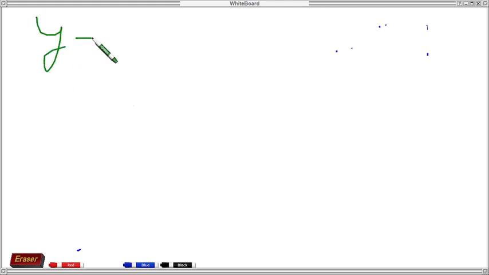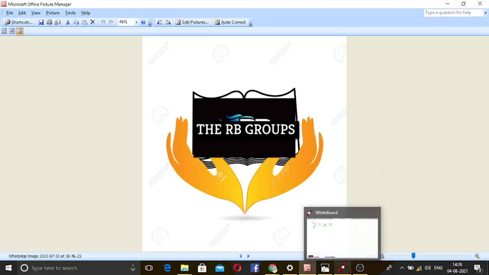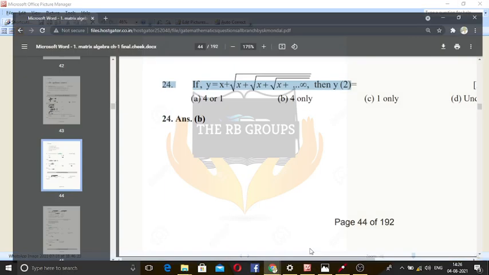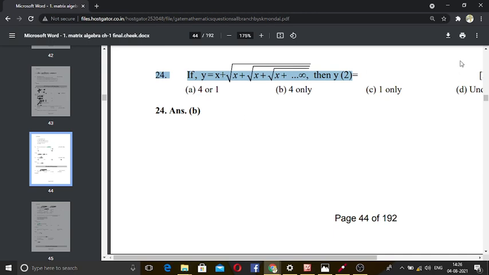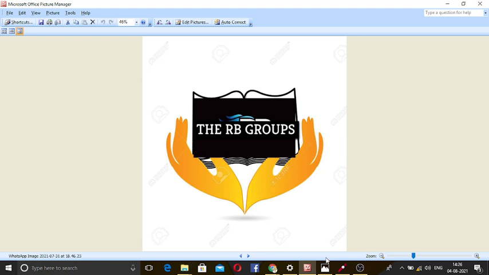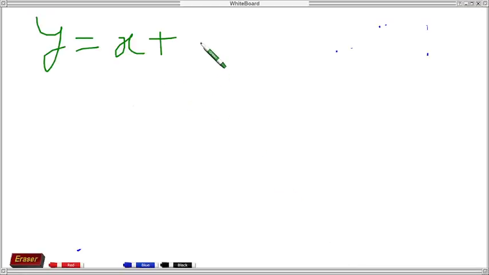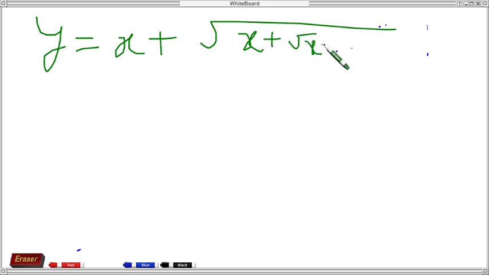y is equal to x plus root x plus root x plus dot dot dot, like this.